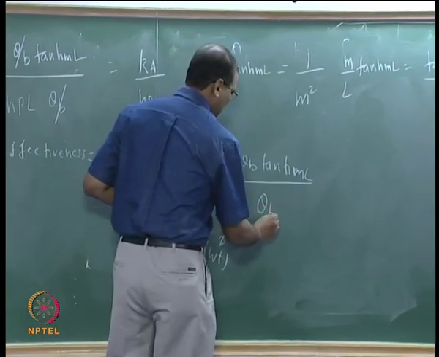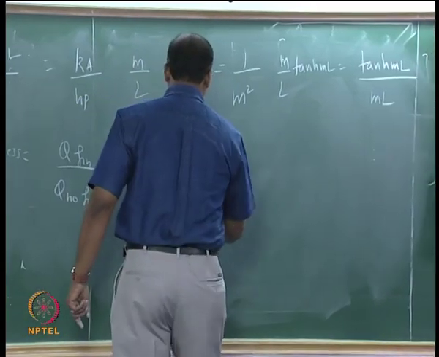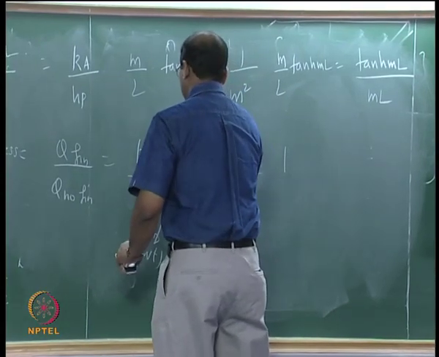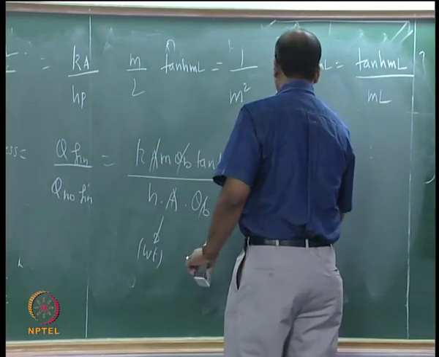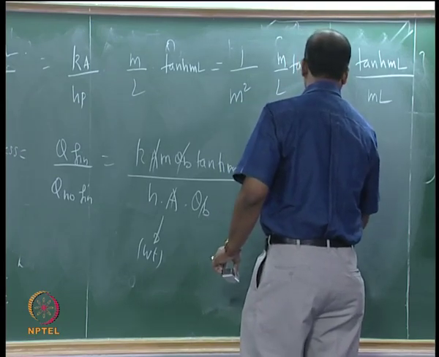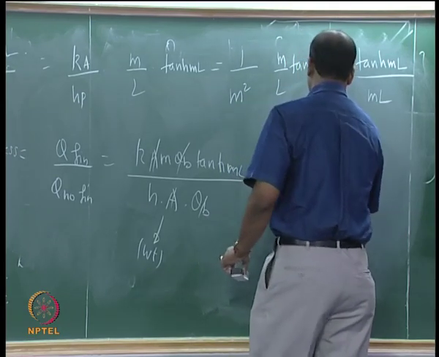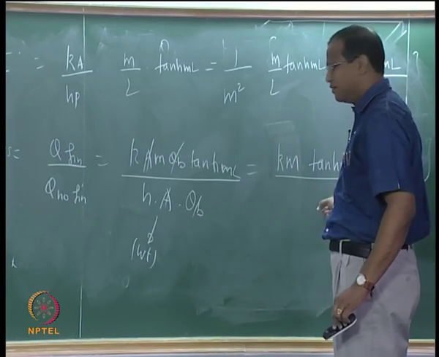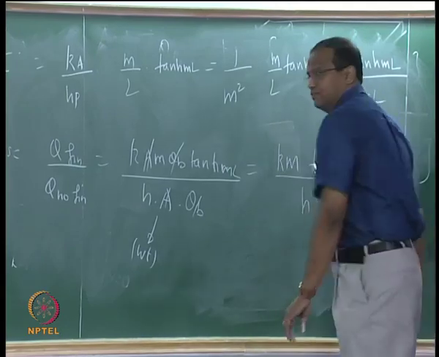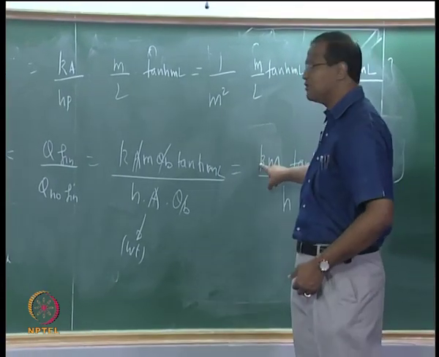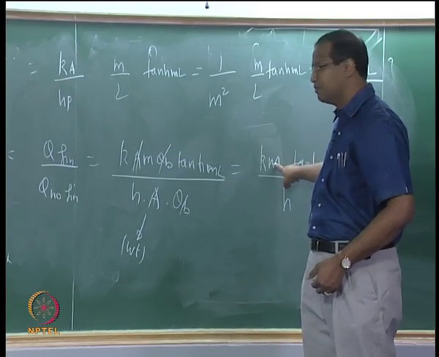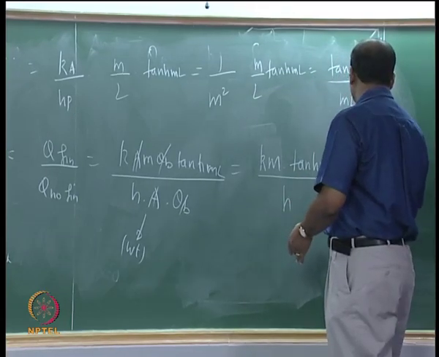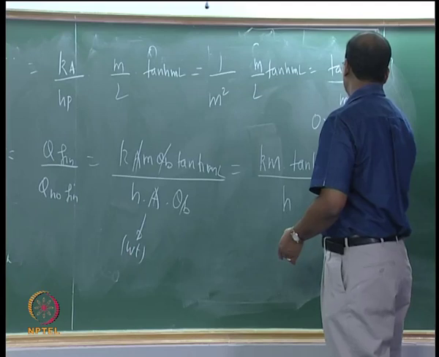So, this is without the fin, okay, this will be k also, A also goes. So, km tanh mL divided by h, k is watts per meter per Kelvin, this will be per meter, so watts per meter square per Kelvin divided by this. So, this must be greater than 2, or else do not use fins.